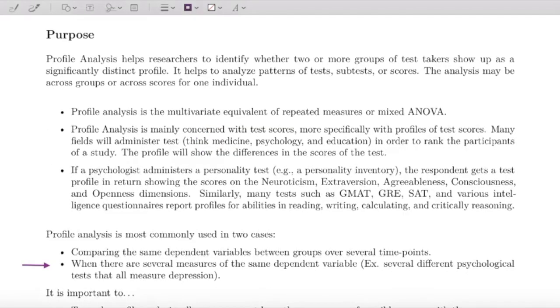So what is the purpose of profile analysis? It's used by researchers to identify whether you have two or more groups that show a distinct profile in a test, basically. It helps see the pattern for the groups.